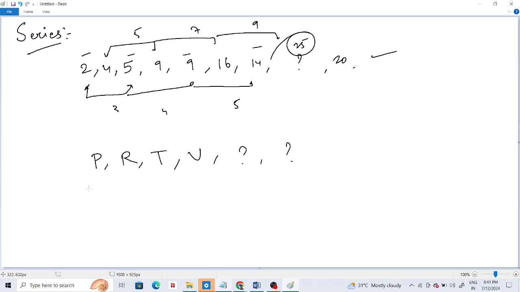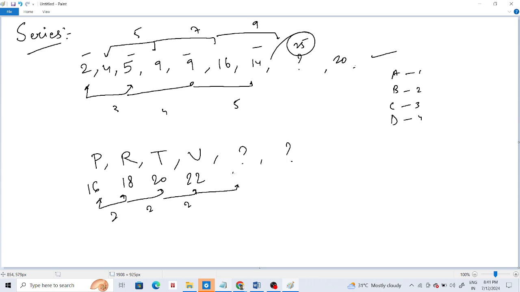See, what is the position for P? 16. Position means I'm talking about this: A is 1, B is 2, C is 3, D is 4. So like this, P is 16, R is 18, T is 20, V is 22. If you see the difference, this is 2, this is 2, this is 2.